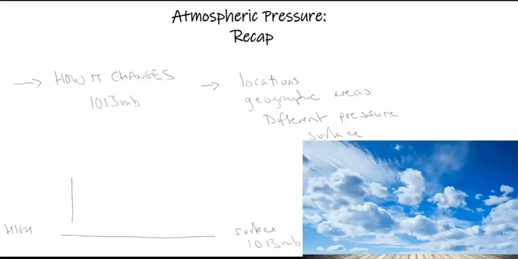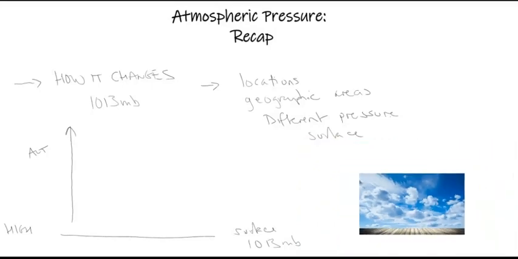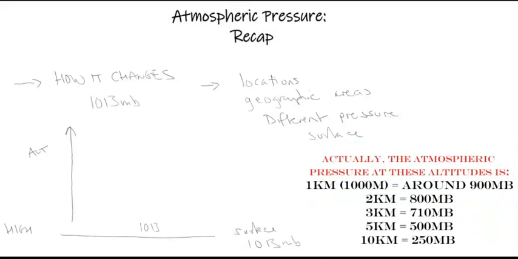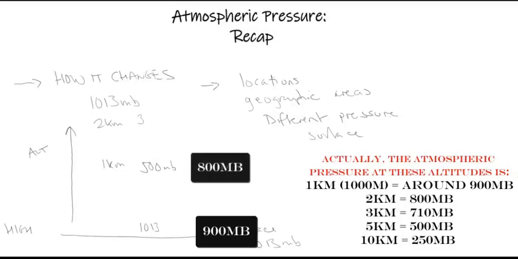But as you increase in altitude and go away from the surface, against gravity so to speak, the higher you go, the fewer air molecules there are, therefore the less atmospheric pressure there is pushing down on a certain area or altitude. So you start at 1,013, and by 1 kilometer up you've gone down to around half of the pressure. Then at 2 kilometers, which is not really that high, you're looking at 300 millibars. And at 3 kilometers, 4, 5, you're getting less and less air pressure.